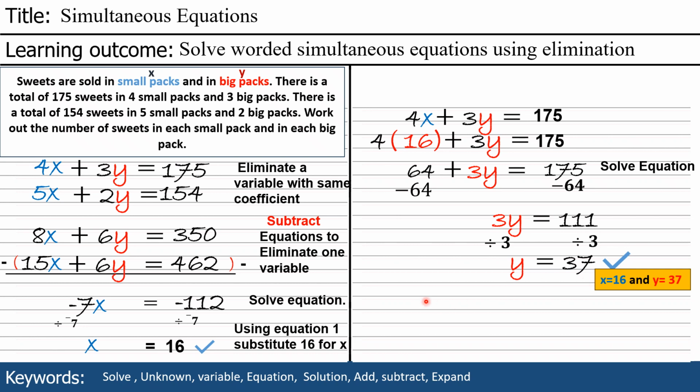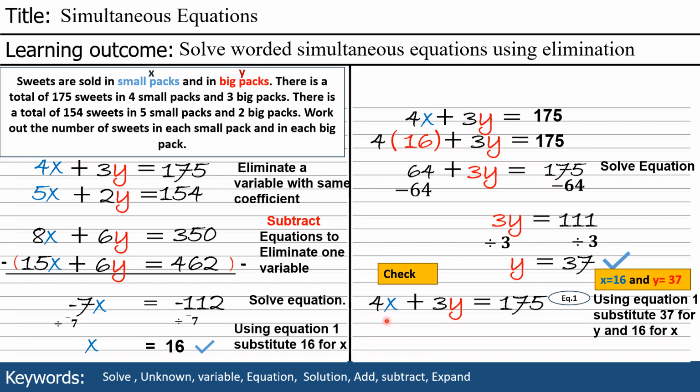Always remember to check your answer to ensure that you're getting all of those marks. So let's check using equation 1. That's 4x add 3y equals 175. Let's replace x with 16 and y with 37.